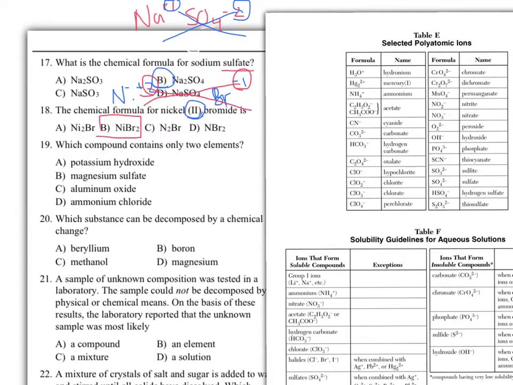In question 19, it asks which compound contains only 2 elements. So we begin with potassium hydroxide. Potassium is element K, and hydroxide is found on reference table E as a polyatomic ion.